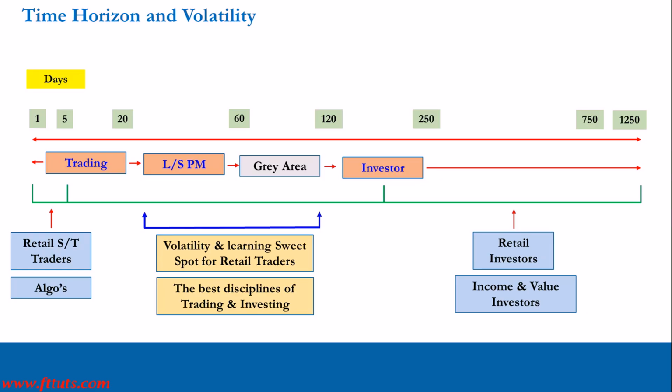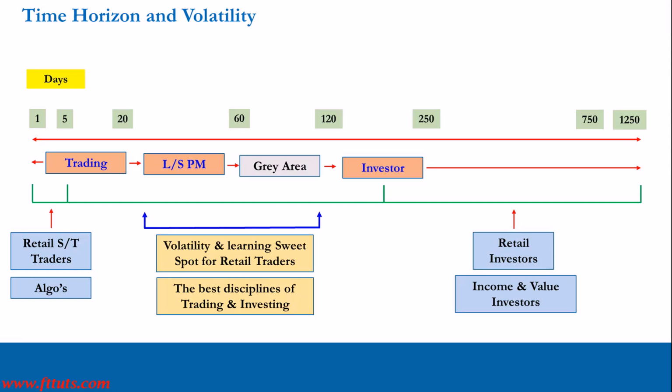And traders exist on the left-hand side. The longer we extend our time horizon, the more we become investors. Okay. Now, this is where the problem lies for retail traders, because retail traders always mix up trading and investing.